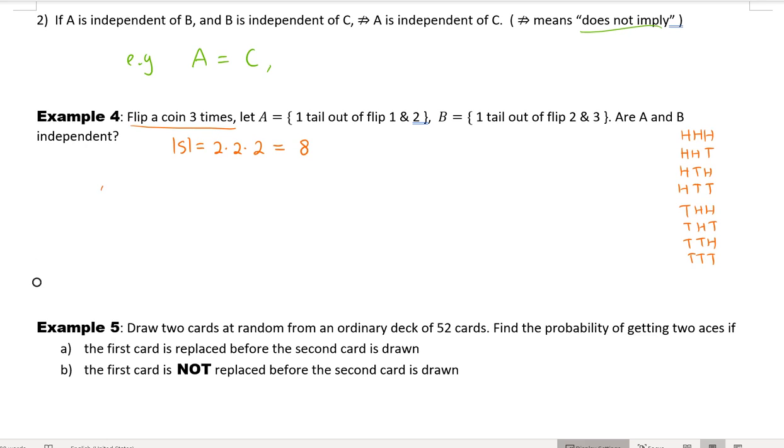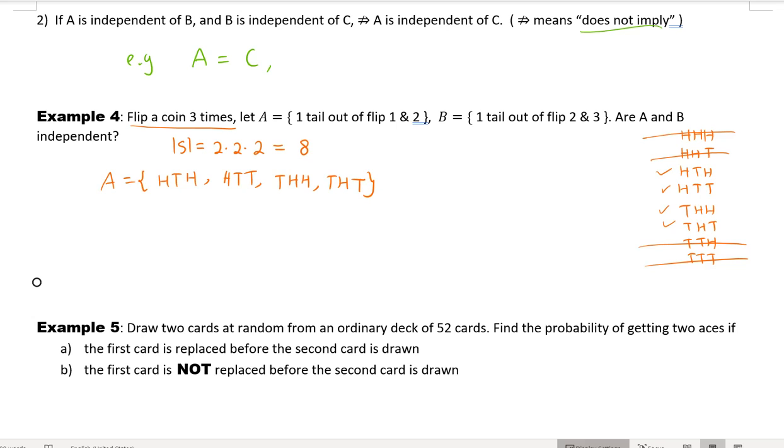Now the event A, 1 tail out of flips 1 and 2. So we have head, tail, head; head, tail, tail; tail, head, head; tail, head, tail.